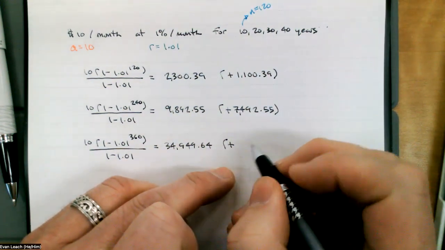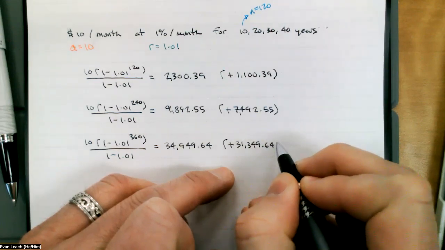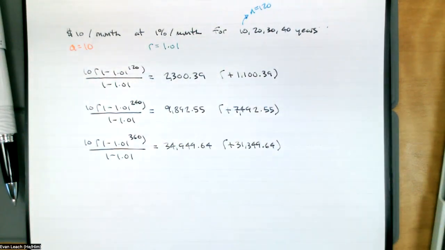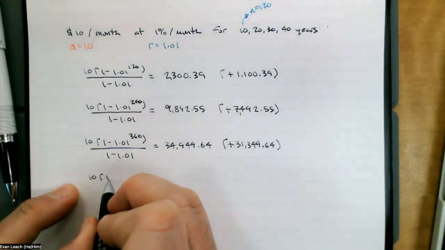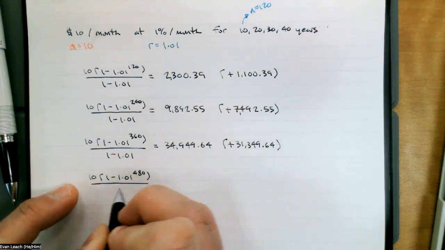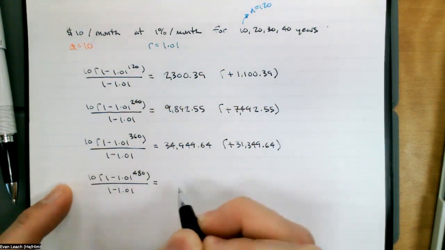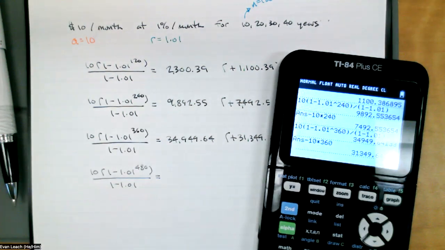Now, this is only $34,000. But we've only put in $10 a month for 30 years. Hopefully, at some point, we've increased that $10 to something else. So here at 480, this would represent retiring at 60 and starting at 20.